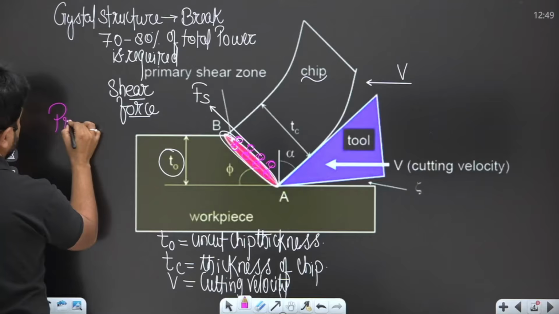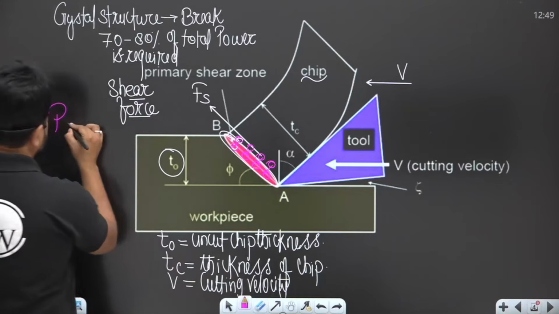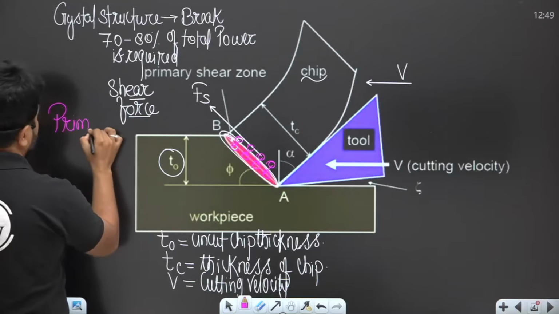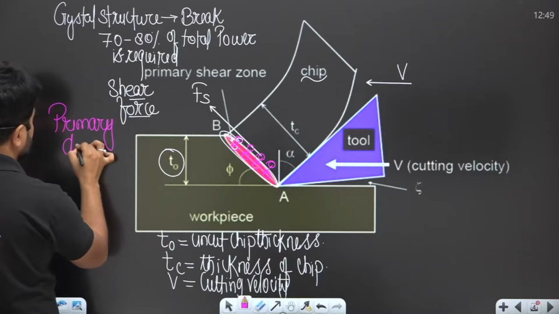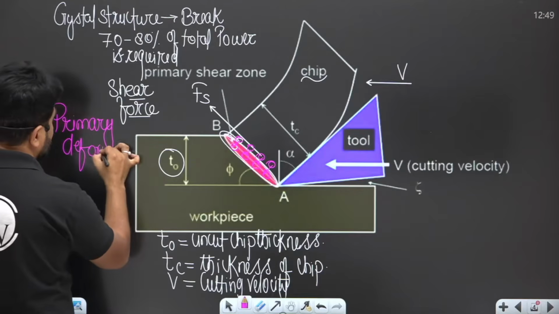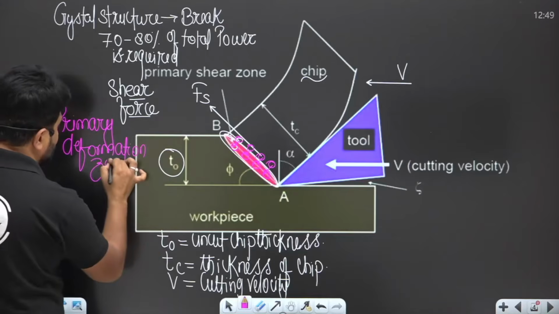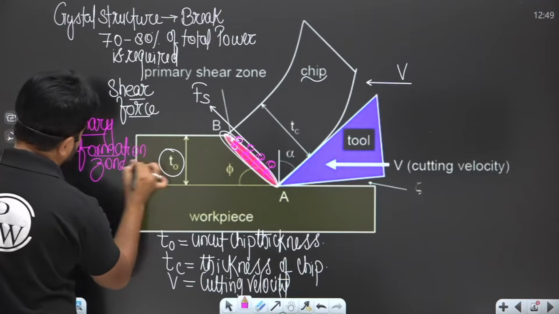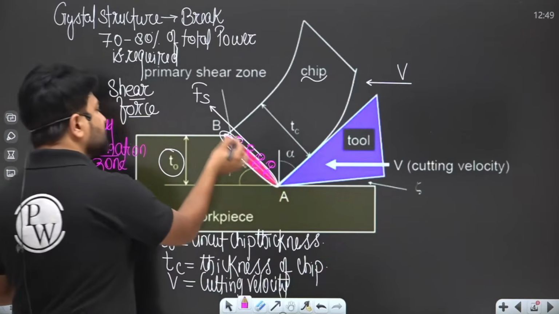We also call it the primary deformation zone, because initial deformation takes place in that zone.